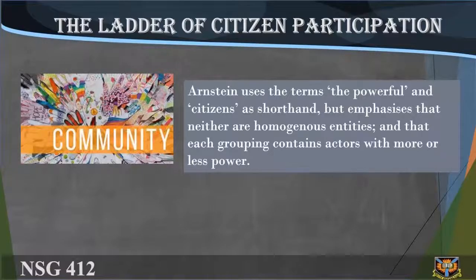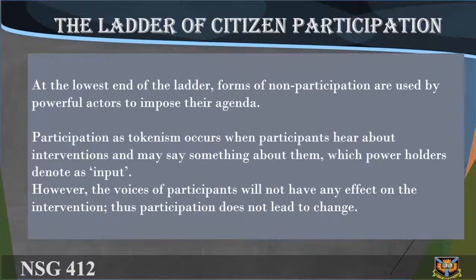Arnstein uses the terms the powerful and citizens as shorthand, but emphasizes that neither are homogeneous entities and that each grouping contains actors with more or less power. At the lowest end of the ladder, forms of non-participation are used by powerful actors to impose their agenda.